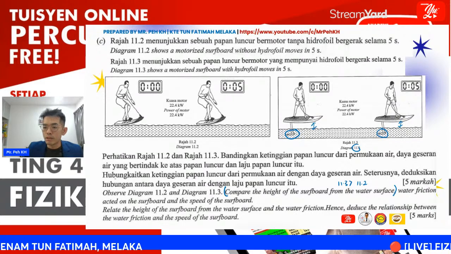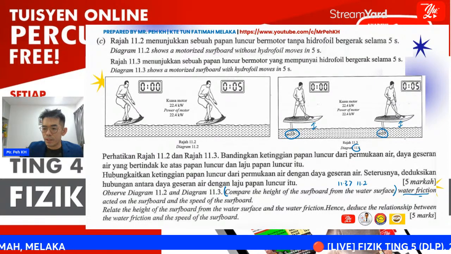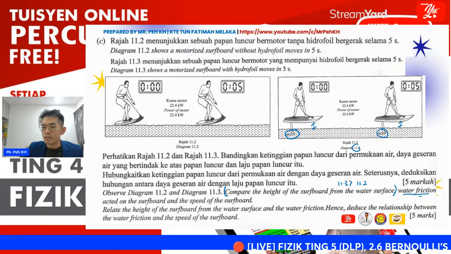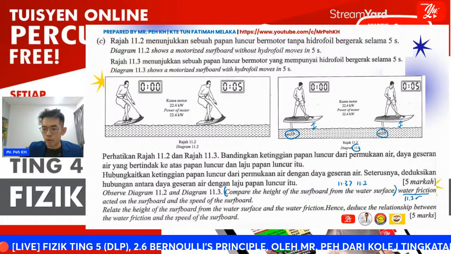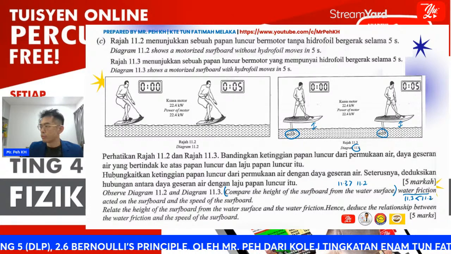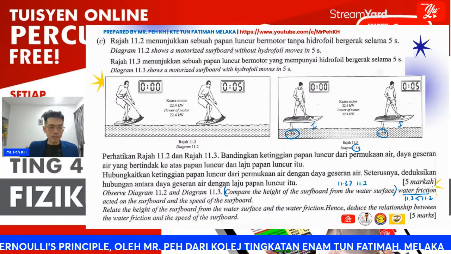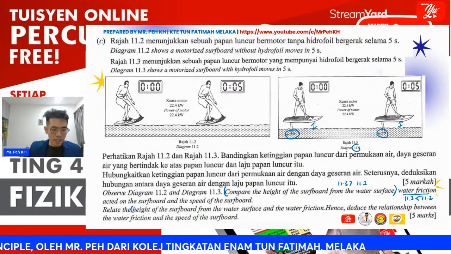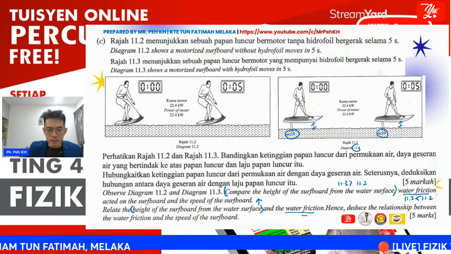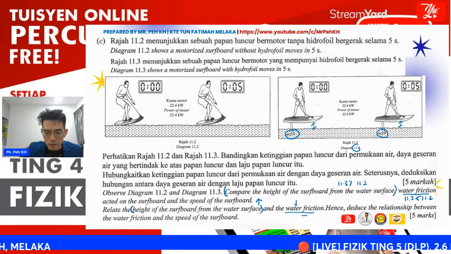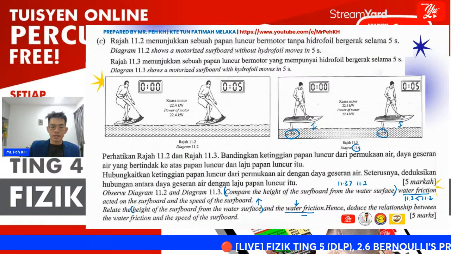As mentioned, when the surfboard is not touching the surface of the water, definitely the water friction for 11.3 will be smaller than 11.2. And the next is the relationship between the height and the friction: the height increases when the water friction decreases.